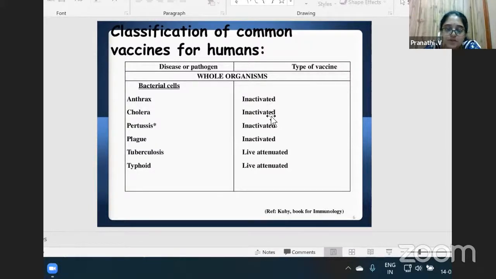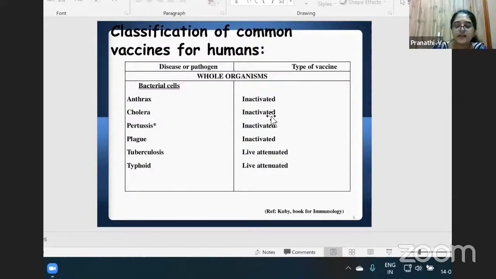The epitope structure in that vaccine is maintained even though it gets inactivated. At the same time, these inactivated vaccines use the killed version so that they protect us against the disease. They don't provide immunity as strong as the live ones, so you need several doses, booster shots, in order to get immunity against that particular disease.